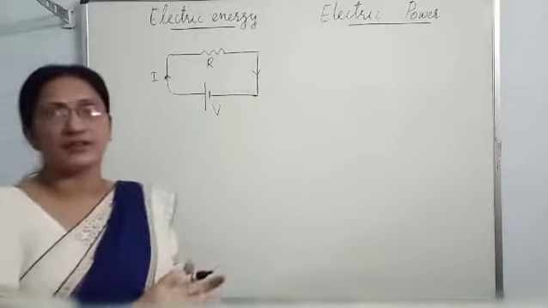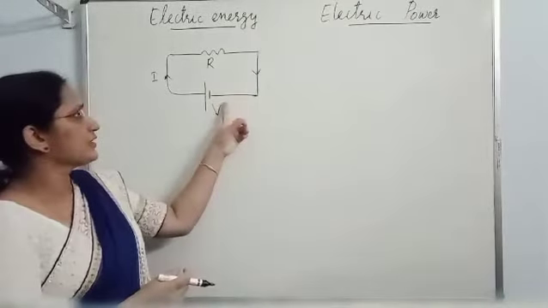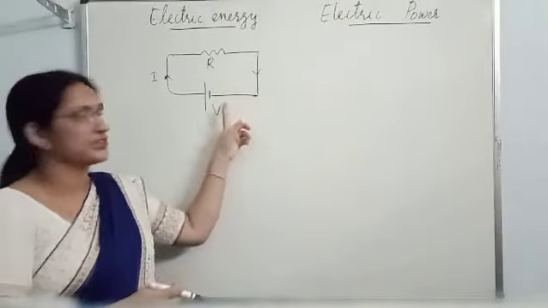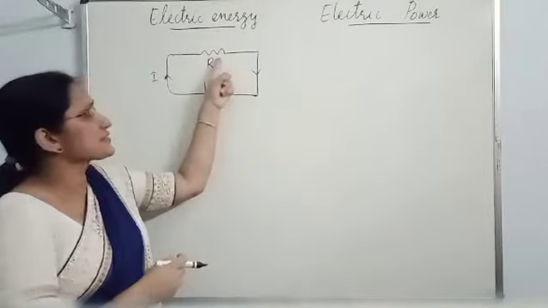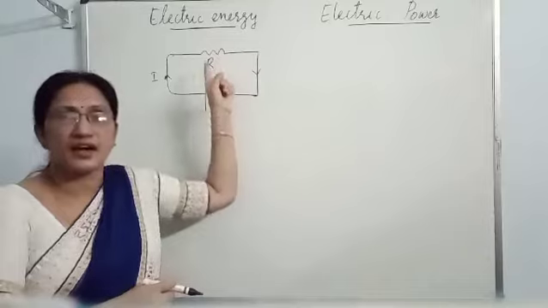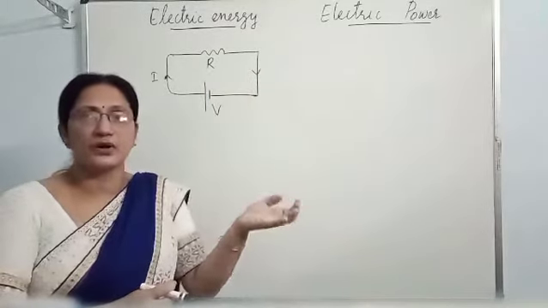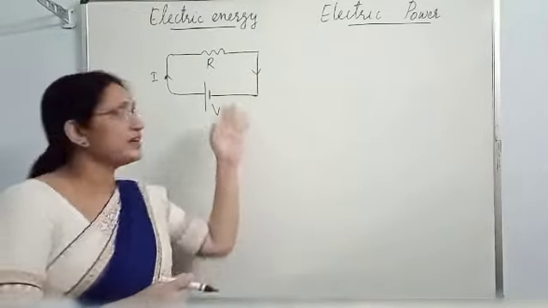This resistance can be a bulb, or it can be a heater, or any device it can be.